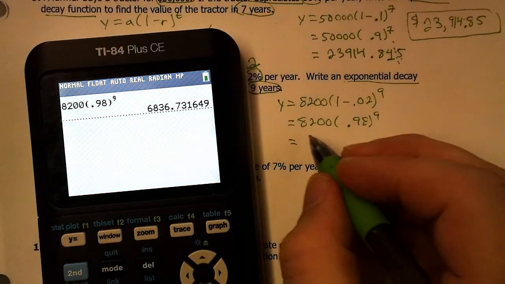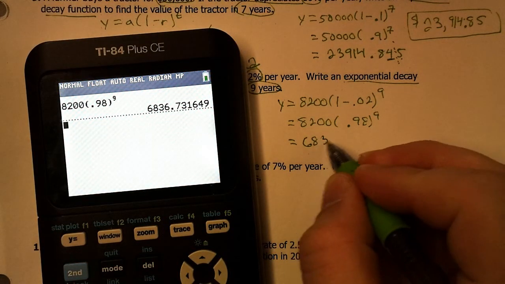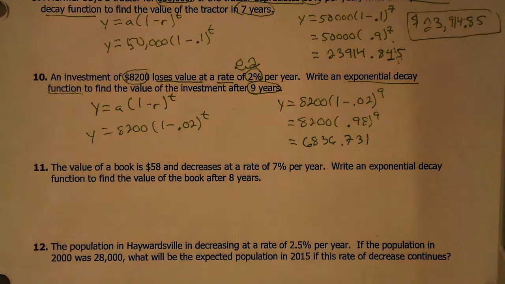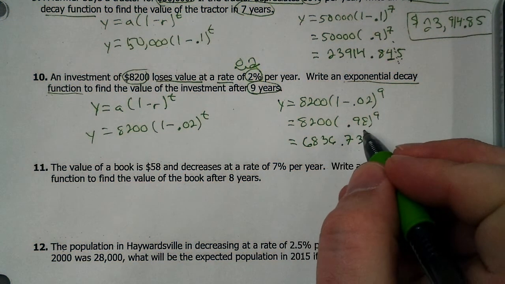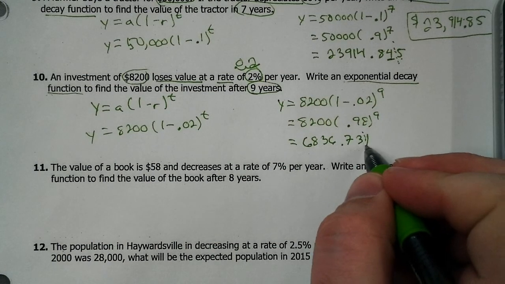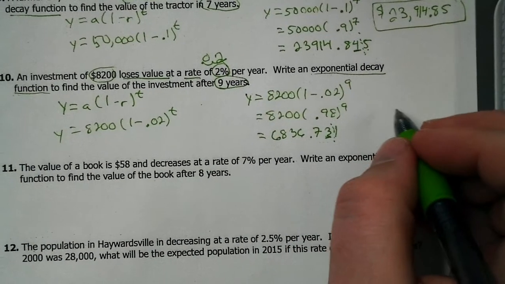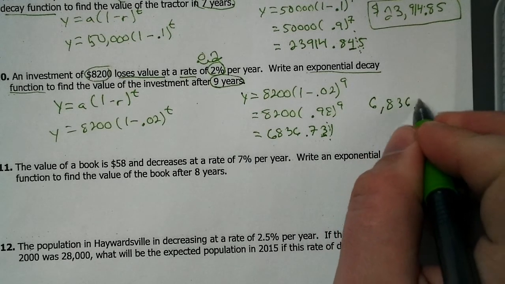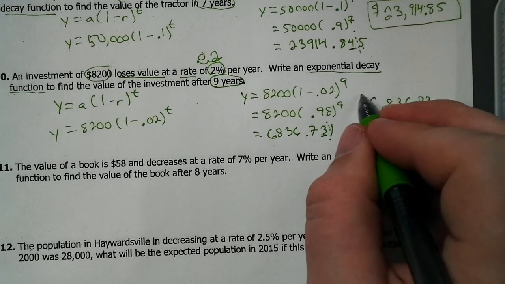And we get 6,836.731. Since we're dealing with money, we're going to round it right here. That 1 makes the 3 stay the same, so it's going to be $6,836.73.